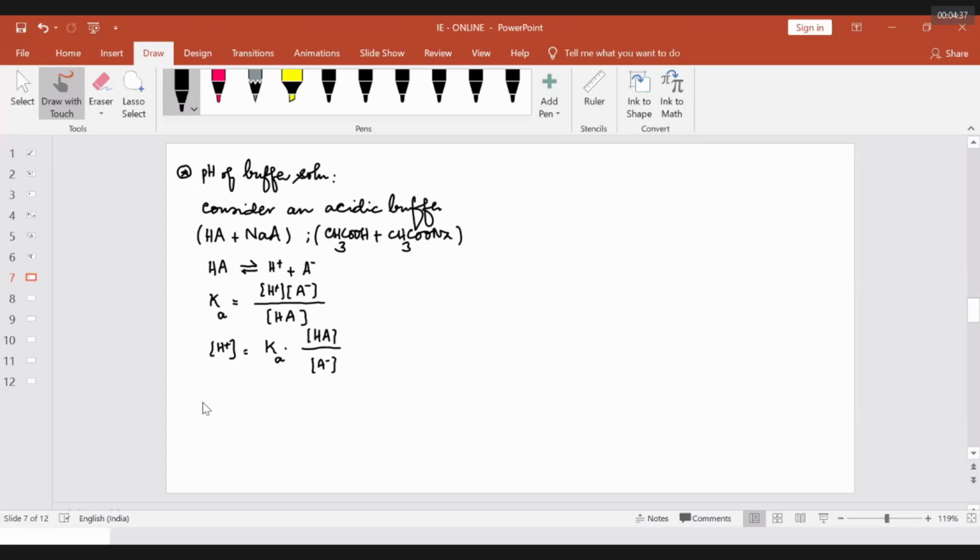Minus log of H plus. Okay, no problem. Apply log on both sides. Log of H plus ion is equal to log of Ka plus log of the ratio of concentration of unionized to concentration of ionized form of acetic acid.